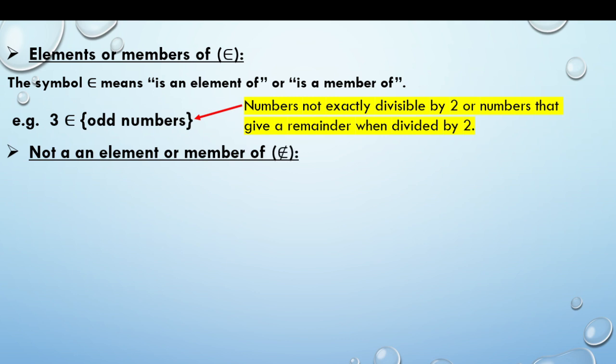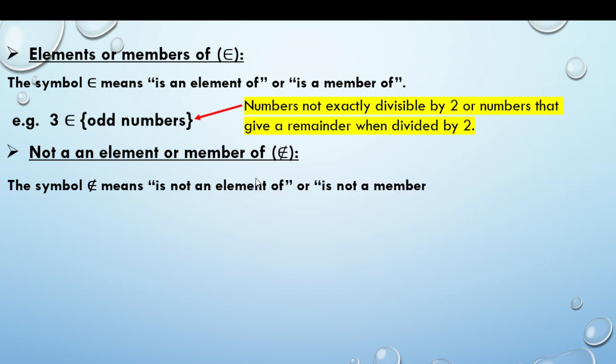Let's also look at not an element or member of. So this symbol here means not an element or member of. The symbol here means is not an element of or is not a member of.